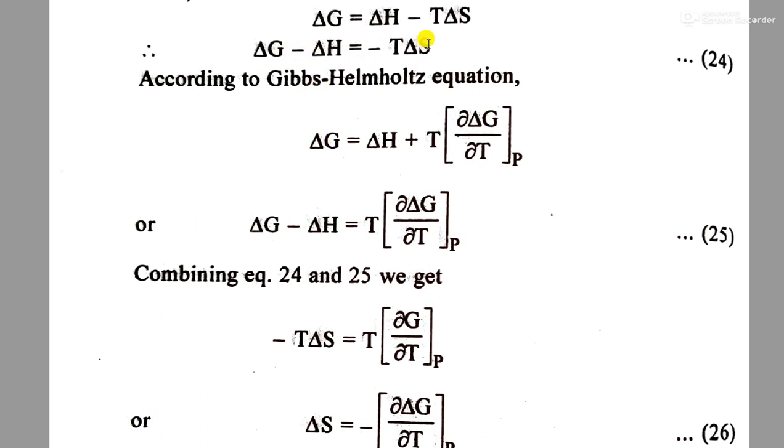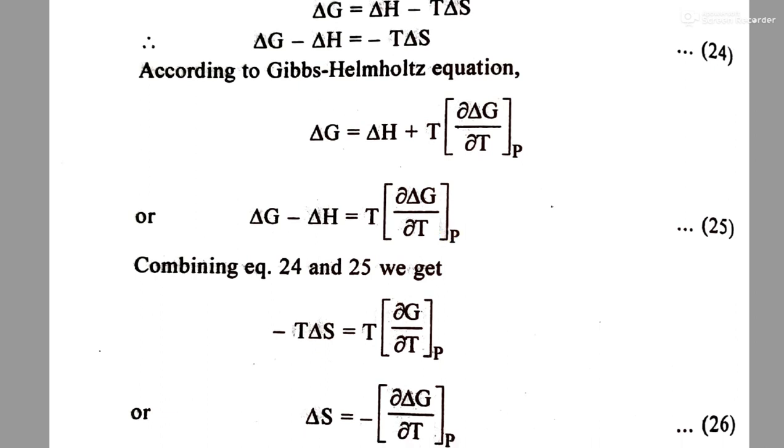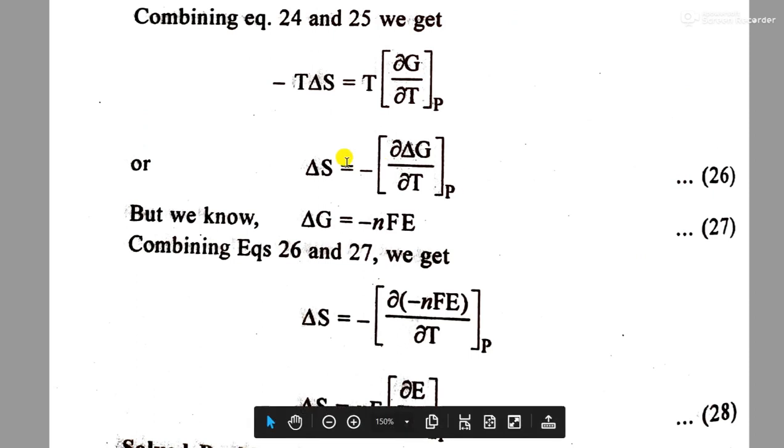So in the thermodynamic equation and the Gibbs-Helmholtz equation, the left hand side becomes the same. Therefore, we are equating these two right hand sides. That is minus T delta S is equal to T into dou by dou T of delta G at constant pressure. From this equation, we can get the expression for delta S as minus dou by dou T delta G at constant pressure.